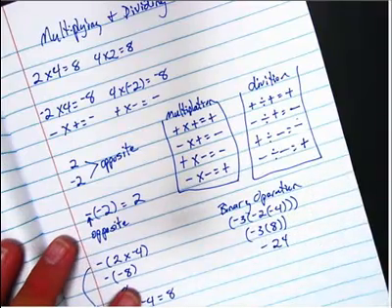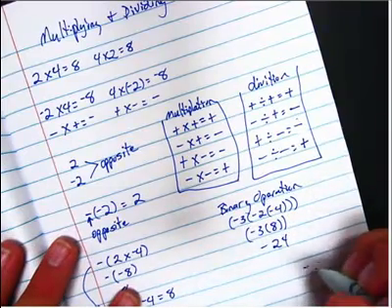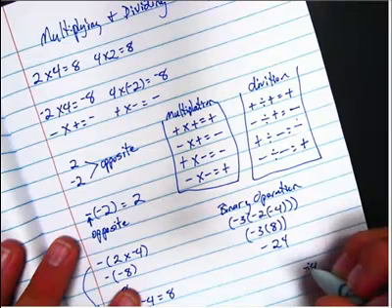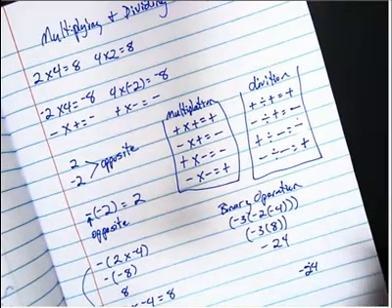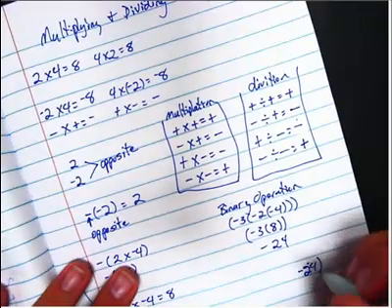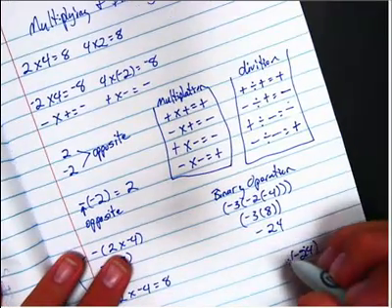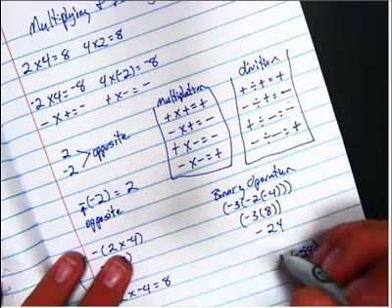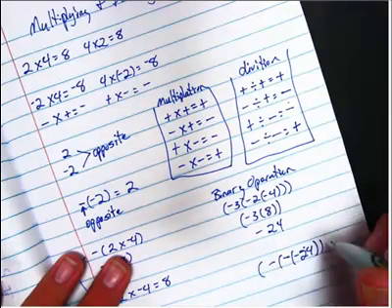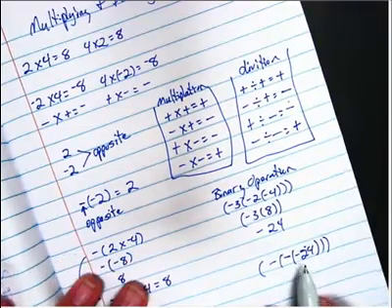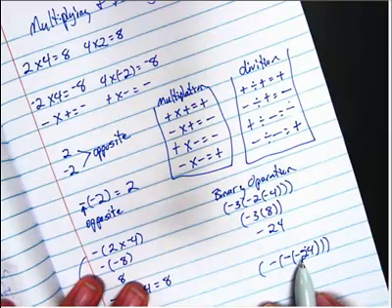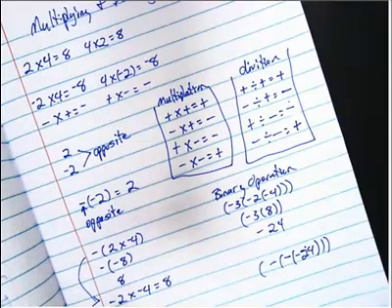So when we're looking at negative 24 here, I want you to understand what we said: the opposite of negative 24 is positive 24, and the opposite of positive 24 is negative 24.